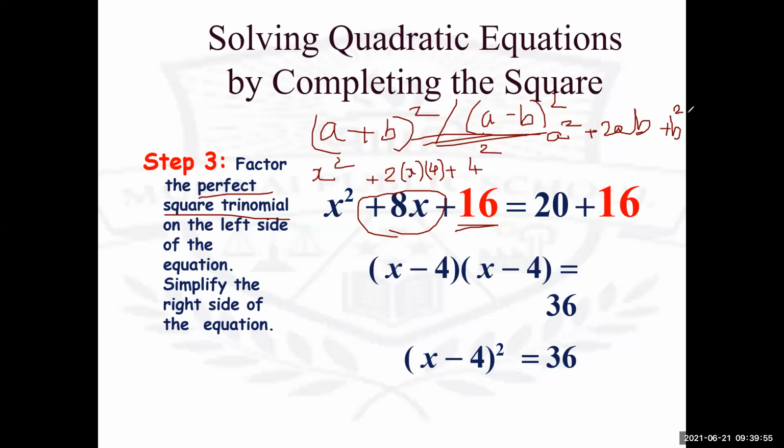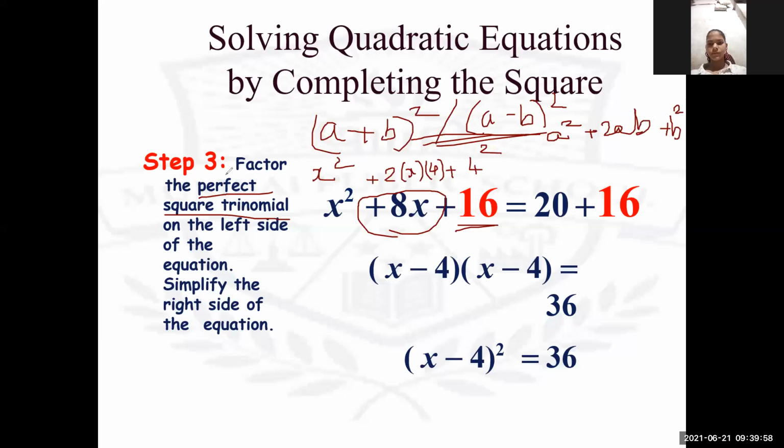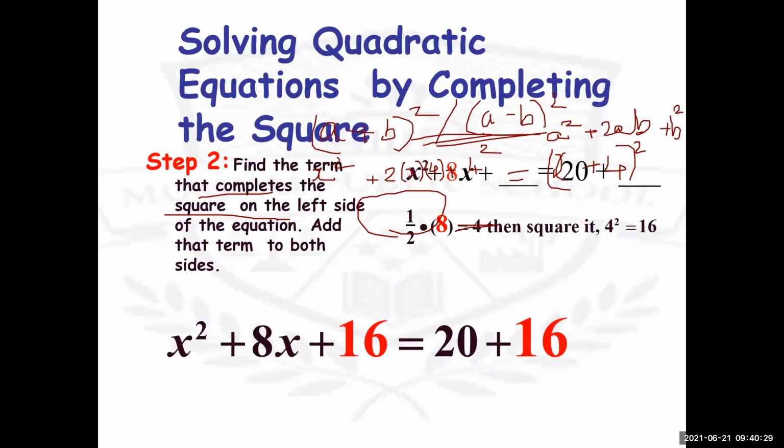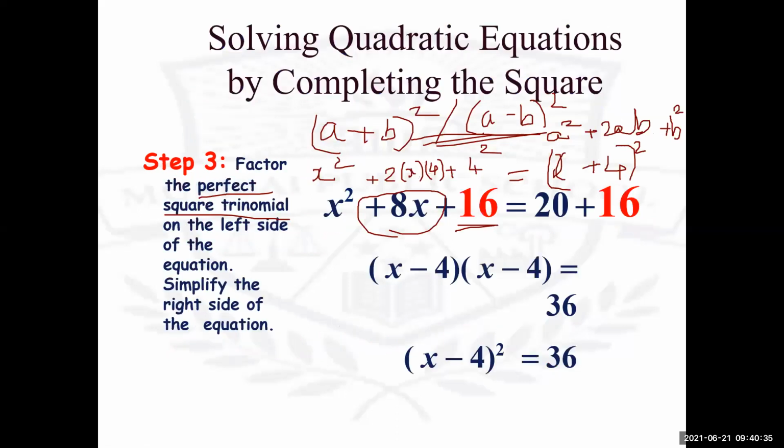So x square plus 2 into x into 4 plus 4 square is written as x plus 4 the whole square. Is this understood by all the students? Any difficulty till here?